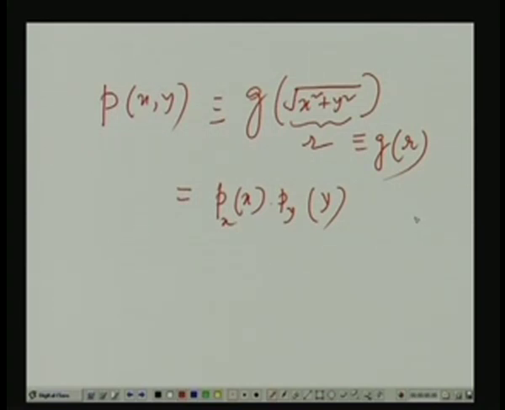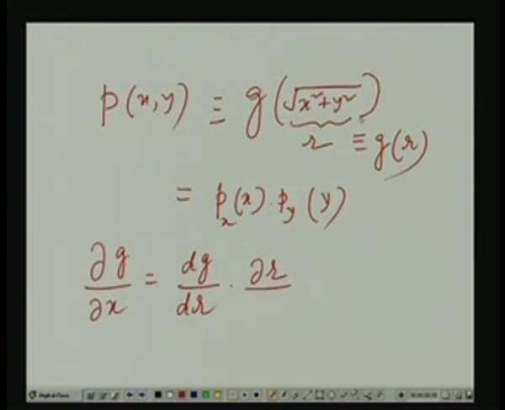Now, see one thing, if I want to carry out this differentiation of g(r), it depends on x and y both. So, the partial derivative of g with respect to x, I can write as dg/dr, it is d because when you write it as a function of r, it is a function of a single variable. So, no question of partial derivative, but usual derivatives. Then del r del x, here del comes because r is a function of x and y both. And what is del r del x?